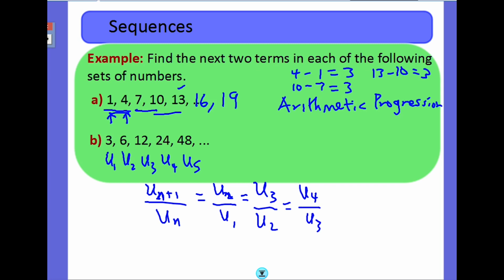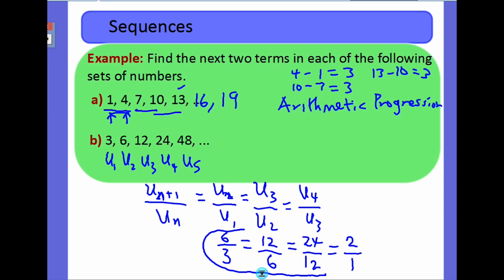If you study the trend here, the second over the first, the third term over the second term, and then the fourth term over the third term, all will give us 2 over 1. That's the ratio. The ratio is common for all these two consecutive terms being divided by each other, but don't forget, a term divided by the previous.